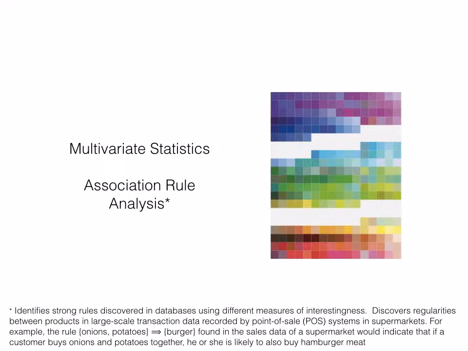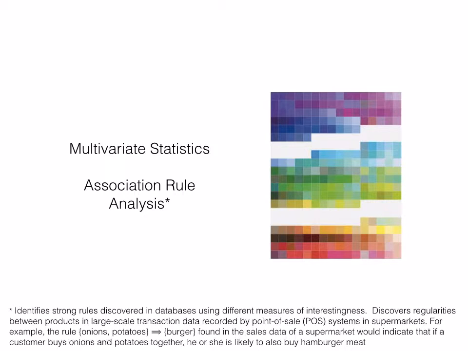For example, you can incorporate a rule such as when someone buys onions and potatoes, then they're also likely to buy a burger. This rule was found in the sales data of a large supermarket, and can indicate that if a customer buys onion and potatoes, then he or she is likely to buy hamburger meat.